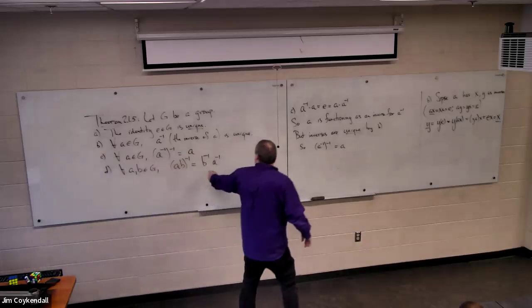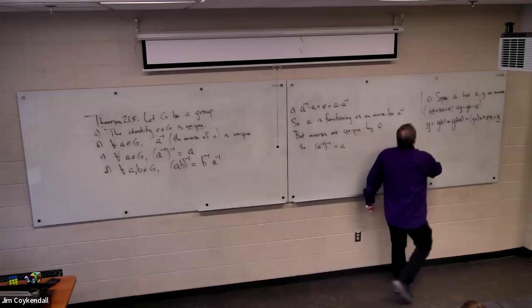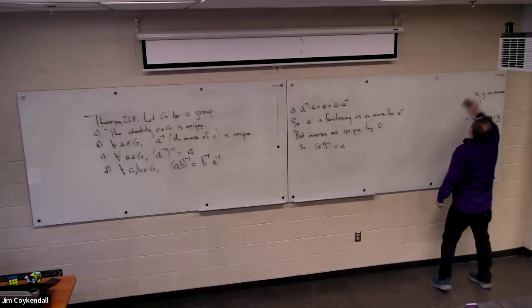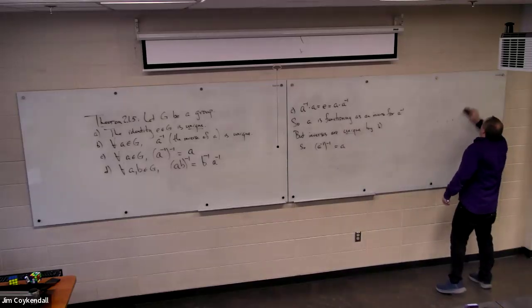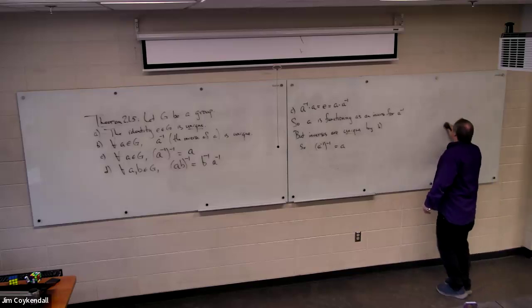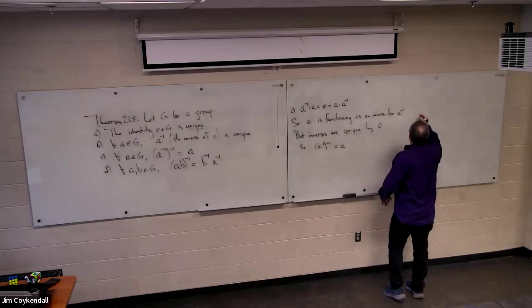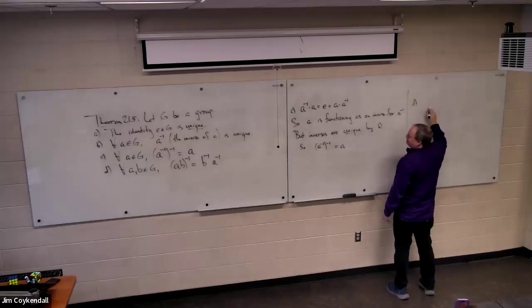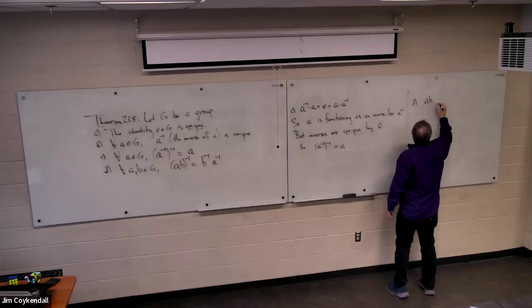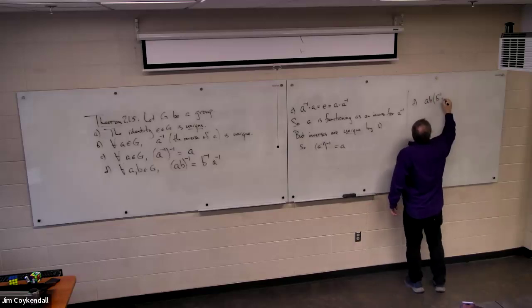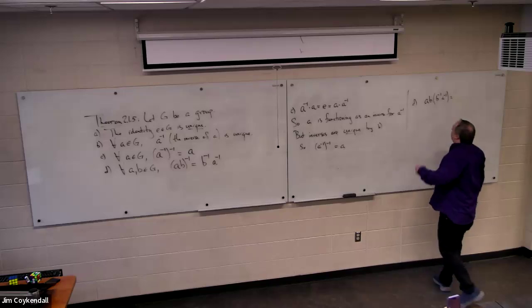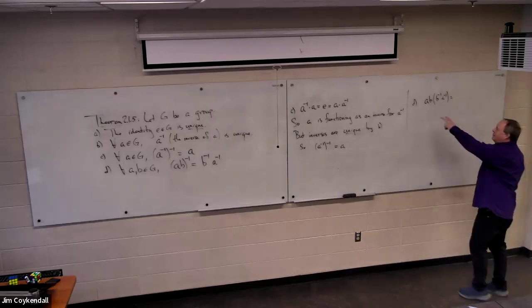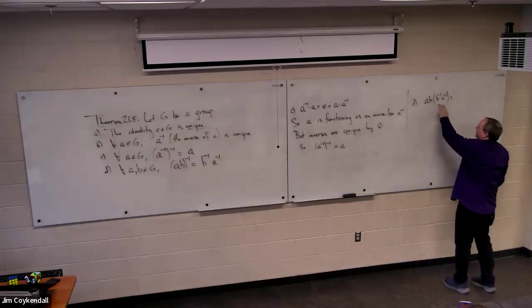There's a similar thing for this multiplication here. Notice that in part D, what happens when I multiply AB times this animal?